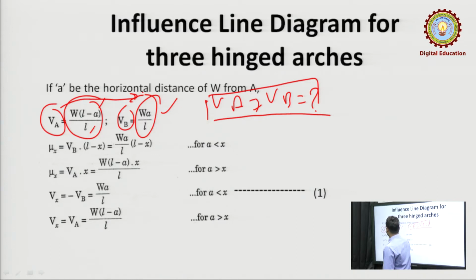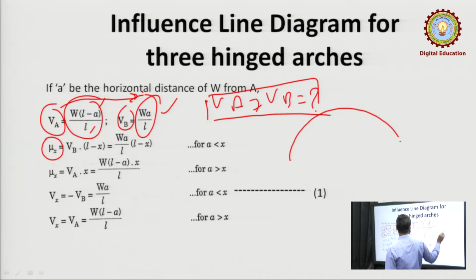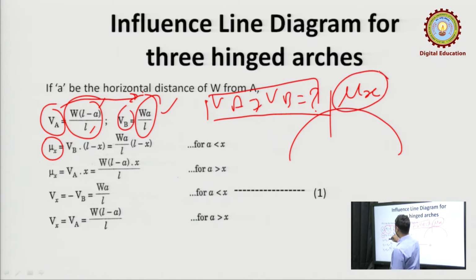Now you have to take a moment. This is the moment at section X. At the section X, the moment is Mx, we are supposing. Now, how do you take a moment around X?